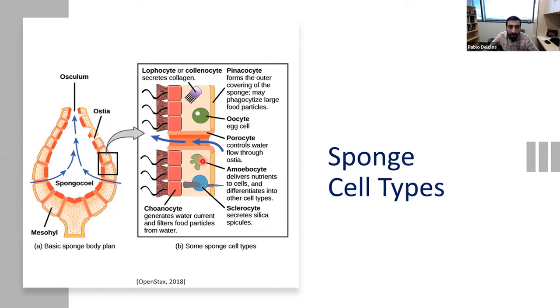Within these amoebocyte cells, the nutrients are processed and broken down in this process called intracellular digestion, meaning digestion that occurs within the cell. Then any leftover water passes through and goes out through what's called the osculum. If you see pictures of sponges, those holes that you can see are the oscula, the osculi, and then the pores are almost microscopic.